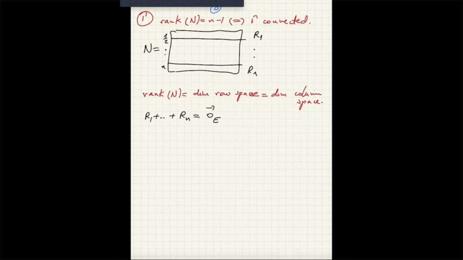That implies that the set R1 through Rn is a linearly dependent set of vectors. And so the dimension of the row space of N is at most n minus 1, because it cannot be n since these are linearly dependent.